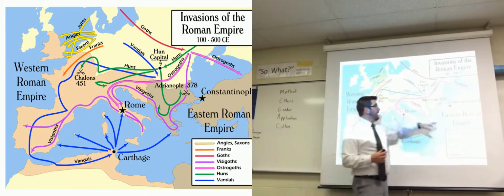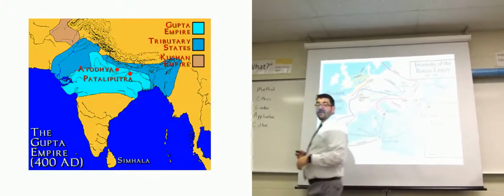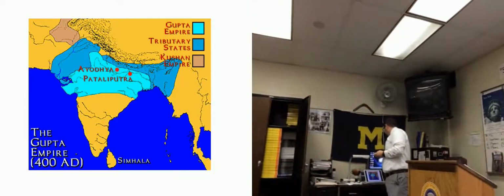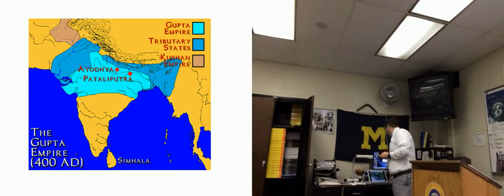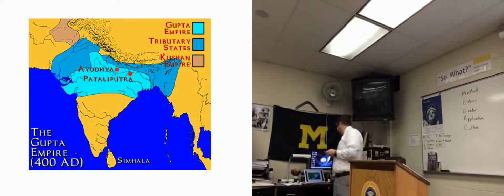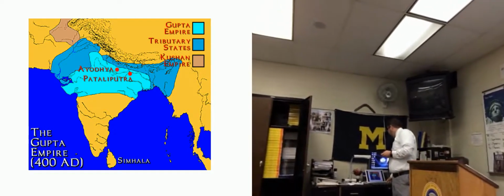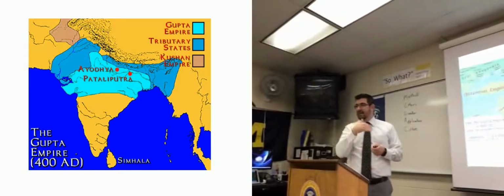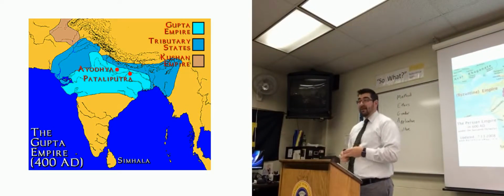The people that could mess with classical India are to the north because of the Indian Ocean. The people that could mess with Han China are to the north because of the South China Sea. The people that could mess with Persia tend to be to the north and to the east and the west, because that's where they can come from.